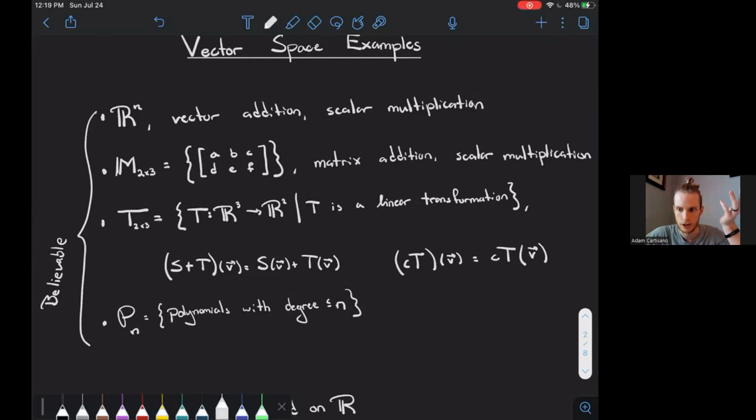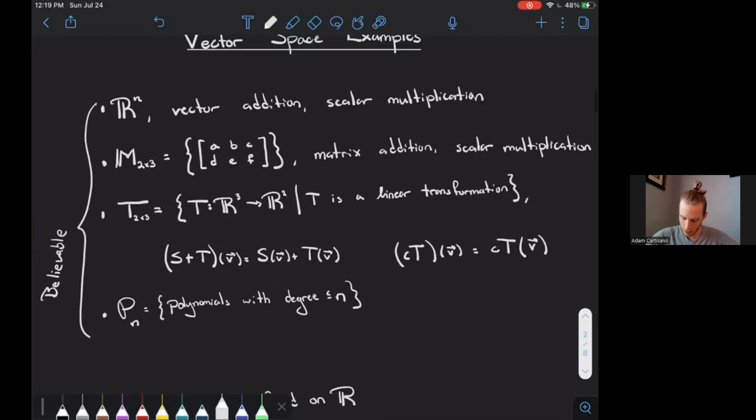Just add the polynomials. Okay, what does it mean to scale a polynomial? Just scale the polynomial. Okay, so I haven't written what vector addition and scalar multiplication mean, but, for example, x cubed minus 1 is a vector inside of P3.